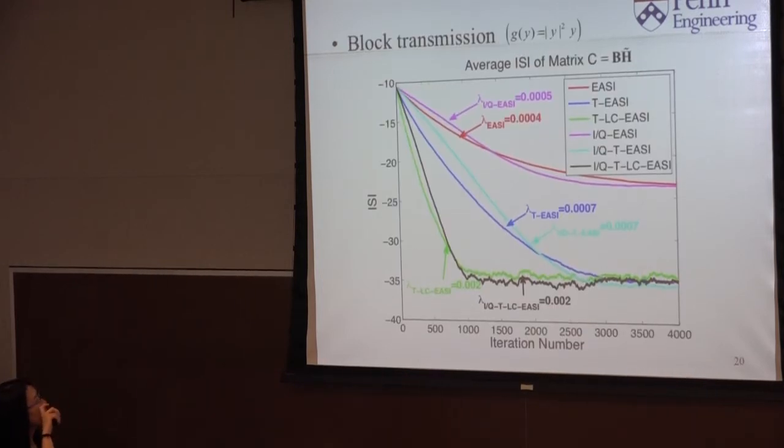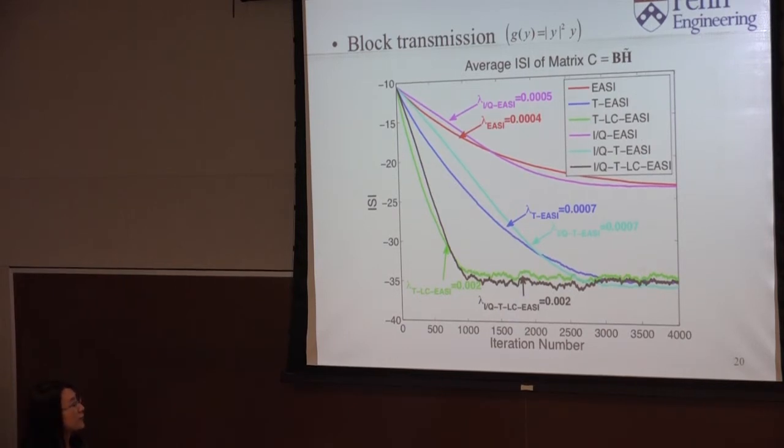So here are simulation results for block transmission. We could see that the version with IQ constraint is not that much different from the version without IQ constraint. But the performance with length constraint is better than the performance without length constraint, with only Toeplitz constraint.